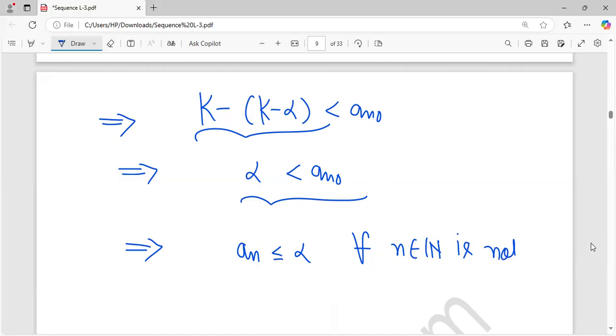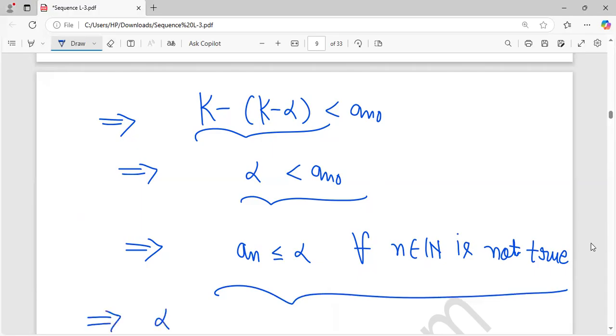So alpha is not an upper bound for this sequence.